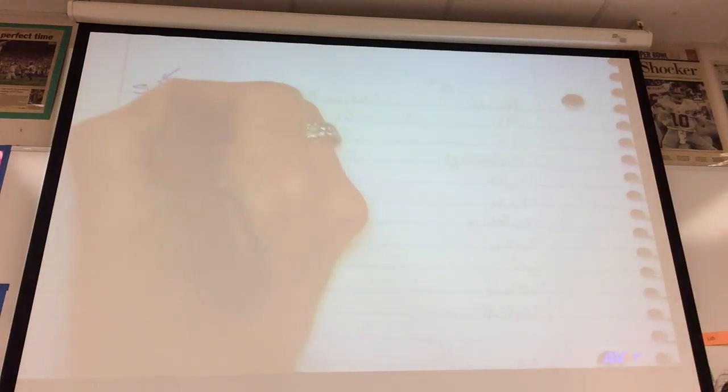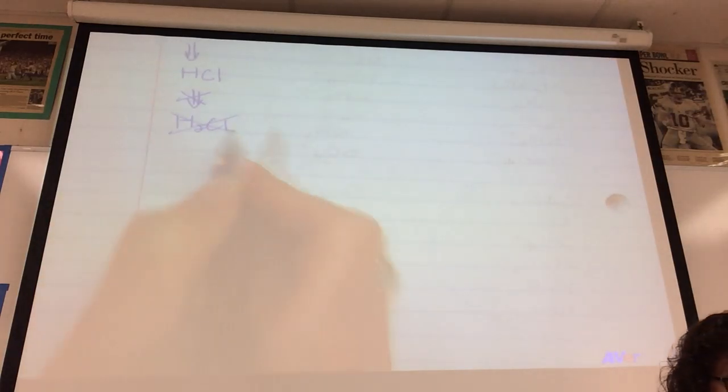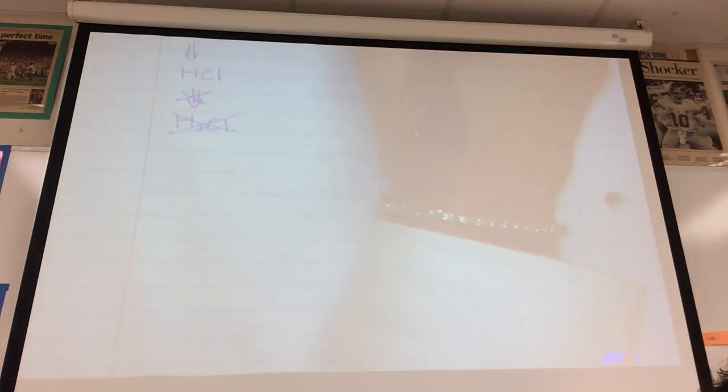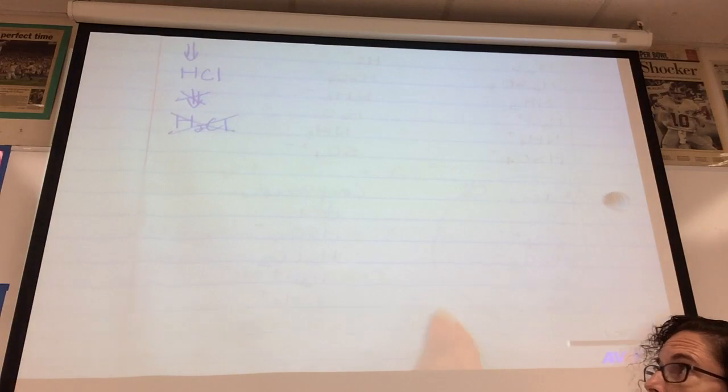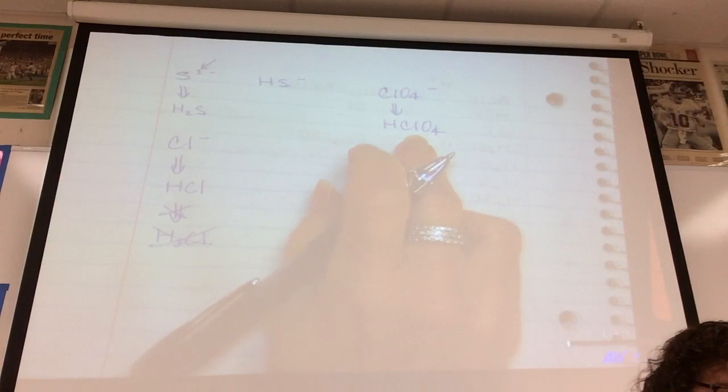Typically, the most H's you can gain or accept is based on your charge. So for chloride ion, you can get to hydrochloric acid, but you could not go further; that doesn't exist. This typically works, for example, with perchlorate ion. It can act as a base and form perchloric acid.